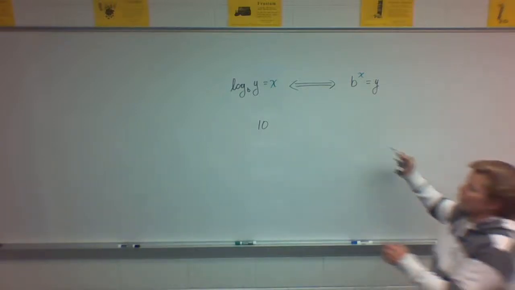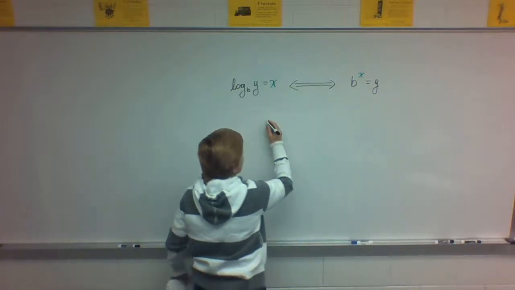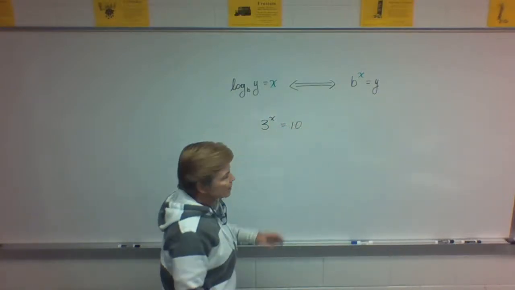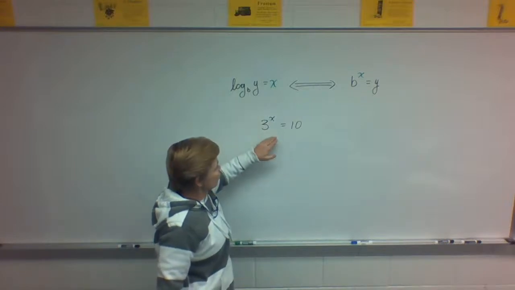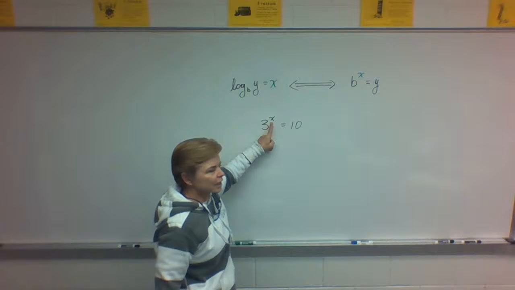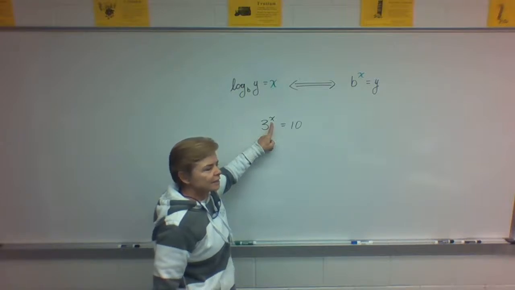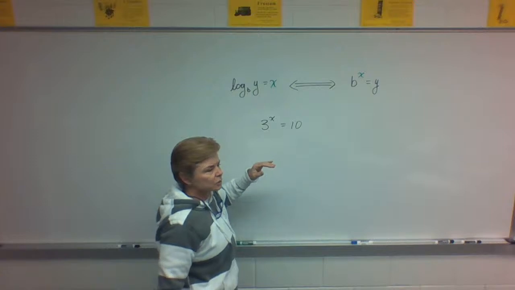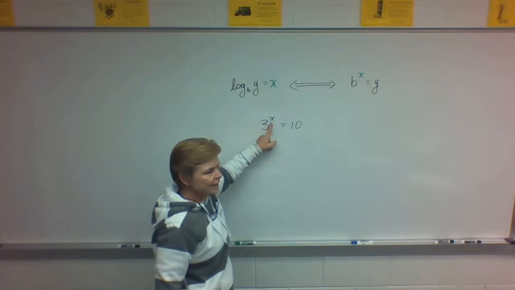Got that wrong. Let me write it the other way. It's got a 10 in it, but 3 to the what is 10. That's why logarithms were invented, to be able to answer this, because you cannot get at that x. You can't get at this exponent algebraically. You can't isolate x by adding something to both sides, or dividing, or multiplying something by both sides. You can't get at that x algebraically.